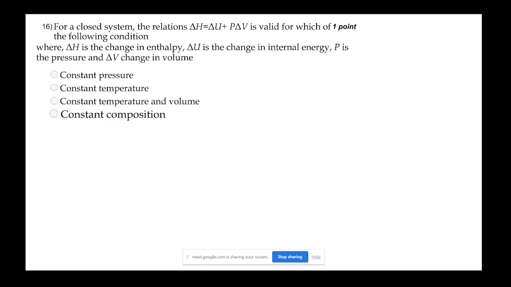Next question is, for a closed system, the relation delta H equals delta U plus P delta V is valid for which of the following conditions? Okay. H equals U plus PV is the basic or general relation between enthalpy, internal energy, pressure and volume of the system.